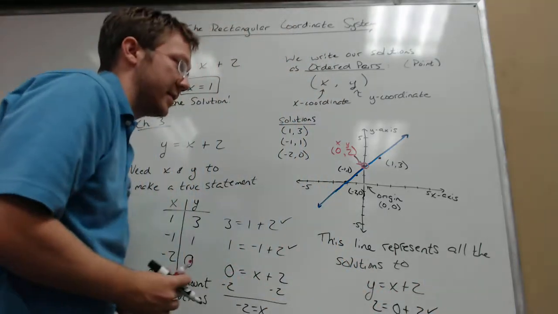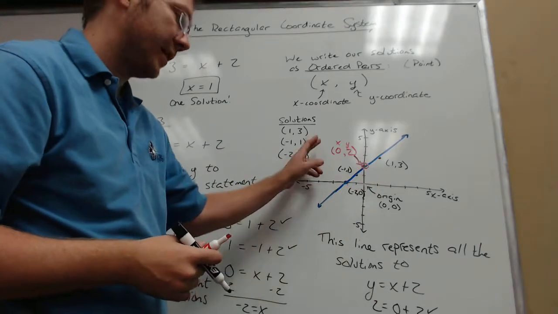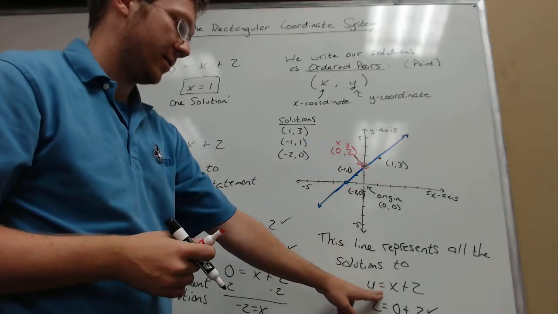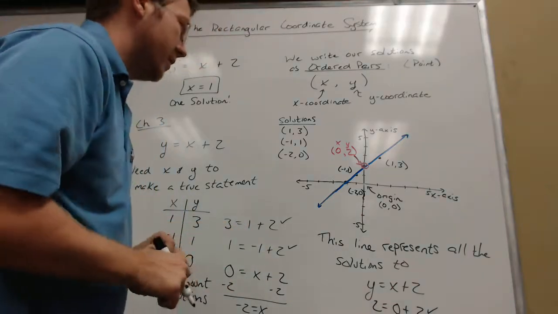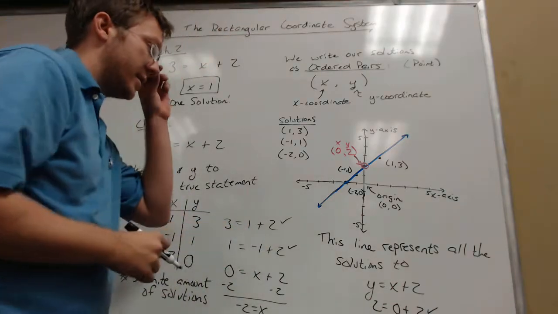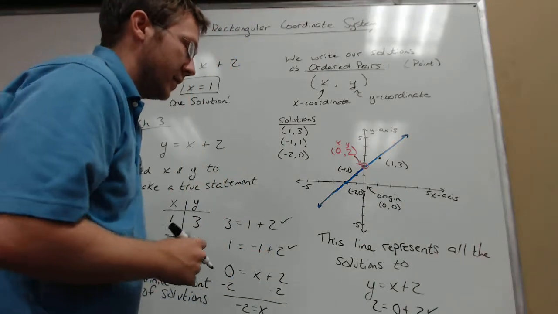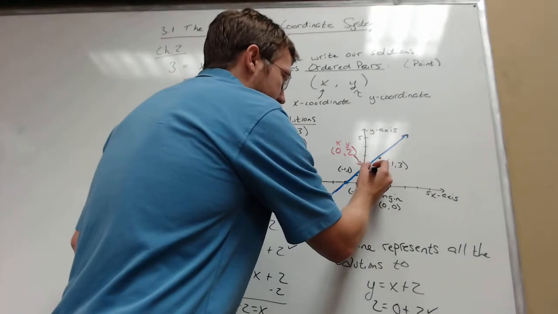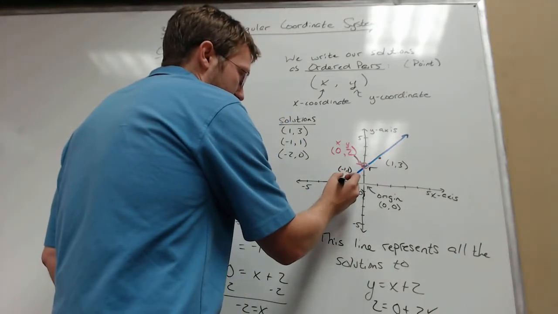So hopefully that's convincing enough that no matter what point you found on this line, those coordinates, when substituted into this equation, would create another solution. And just as a side note, these 2 points that we have on this graph, this one right here has a special name, and this one right down here has a special name.